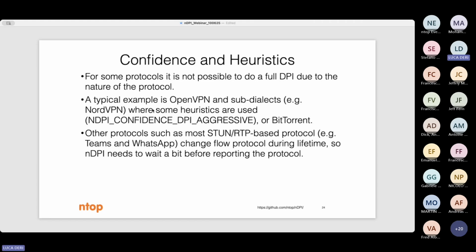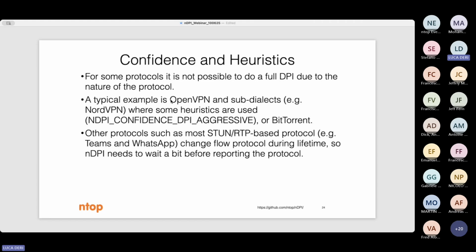Most of them, I don't want to say all, are derivative versions of OpenVPN. An example is NordVPN, that is OpenVPN with some differences. We have implemented a technique that was documented in a paper to detect those VPNs that theoretically are untrackable, but in practice they are. In this case, we use some heuristics, similar to what we do with BitTorrent.